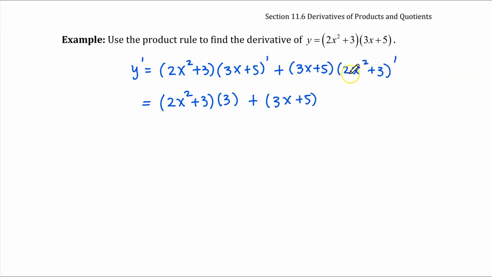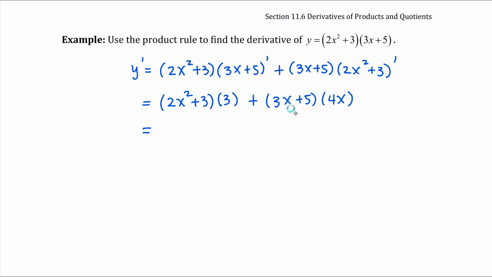That means the derivative of the first term is equal to 4x, plus the derivative of 3, which is just 0. So this would be your answer. You can leave your answer like this, or you can go ahead and simplify it.